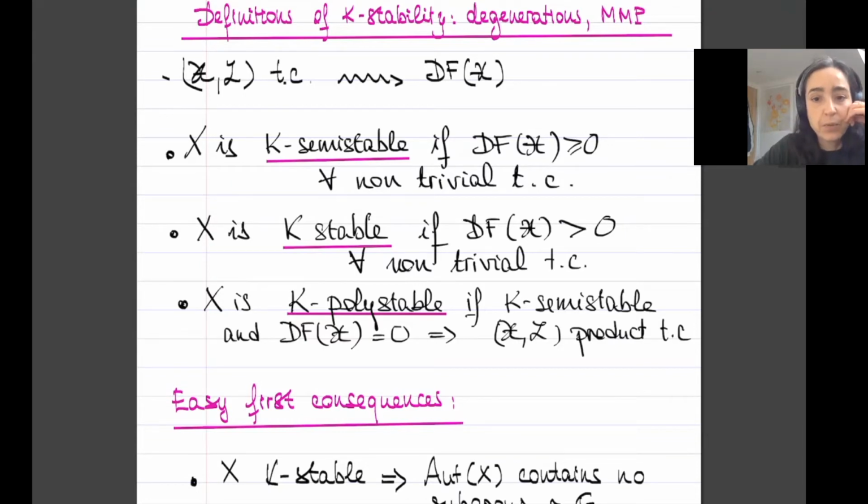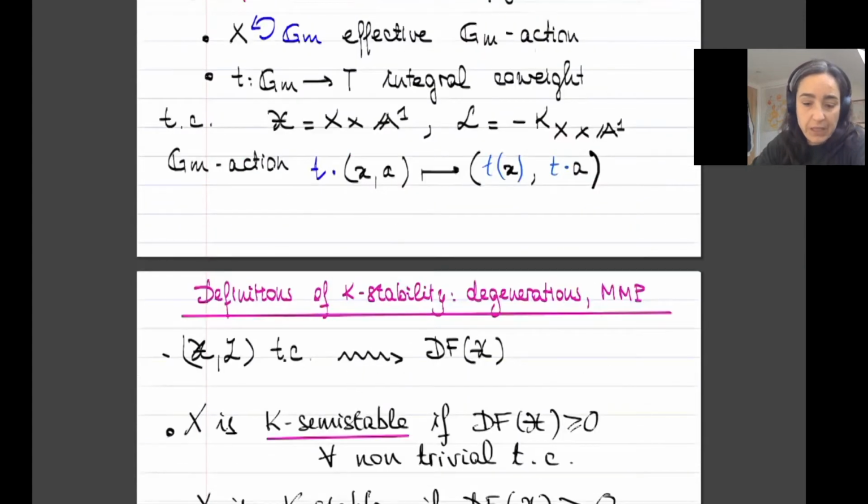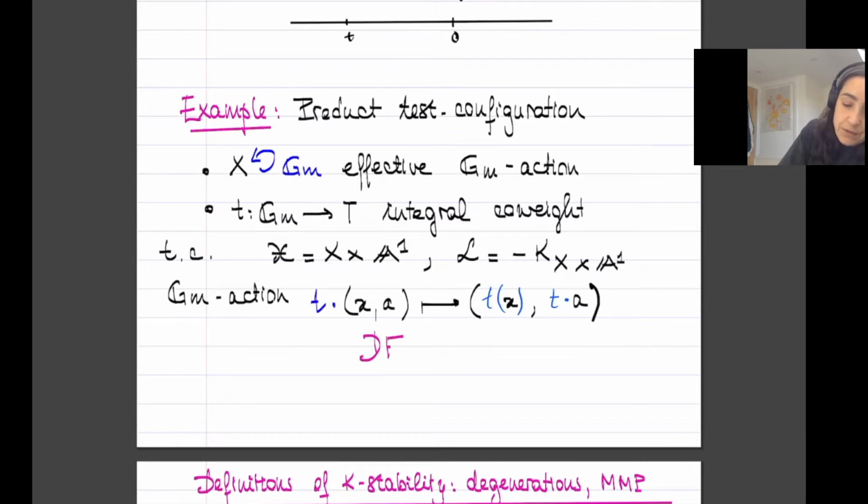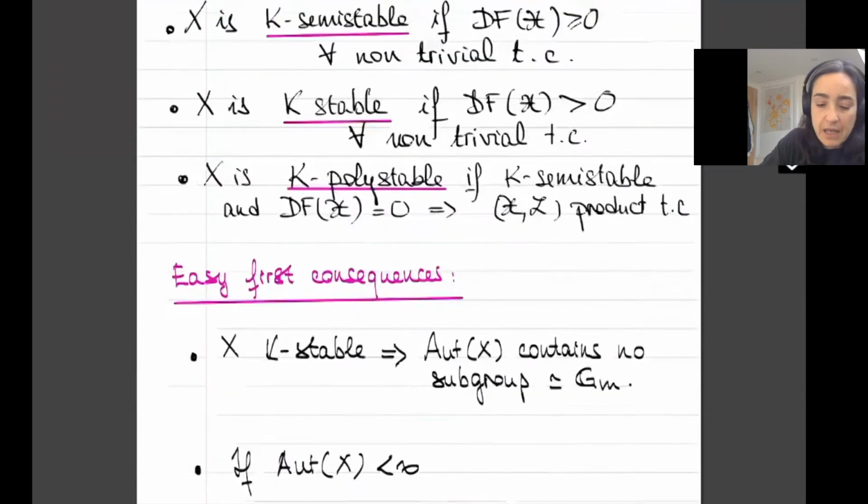It's K-stable when it's strictly positive for any non-trivial test configuration, and it's K-polystable if it is K-semistable and the Donaldson-Futaki invariant being 0 forces (𝒳, ℒ) to be a product test configuration. Going back to my product test configuration, it's actually not very hard to show that the Donaldson-Futaki invariant of (𝒳, ℒ) is 0 in this case.